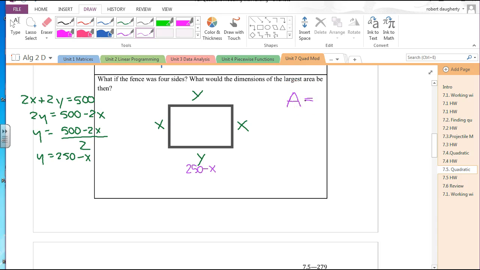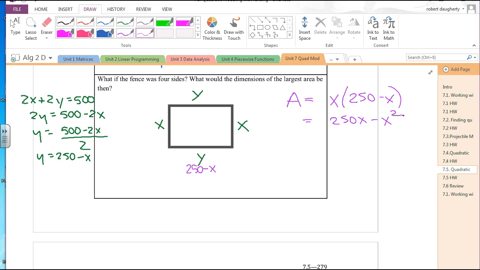What's the area? It's x times what? 250 minus x. And that is what? That's 250x minus x squared. Again, that's a parabola that opens in which direction? It opens down, so its maximum is its vertex.